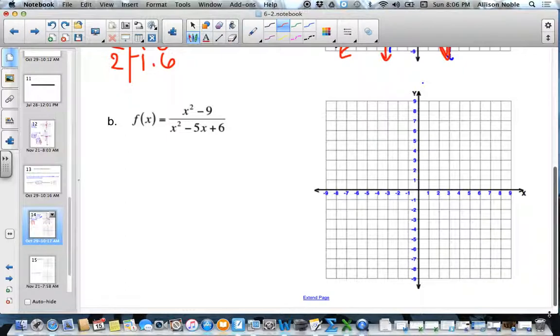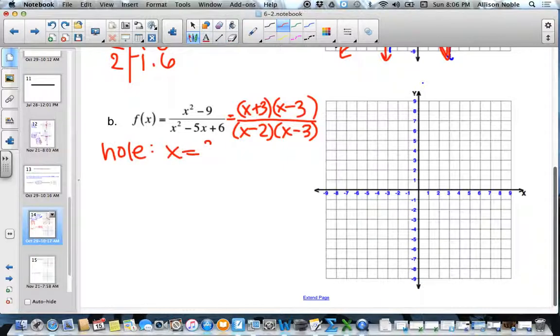So for this one, I would want to factor first. So (x + 3)(x - 3) on top, and (x - 2)(x - 3) in my denominator. With this one, I know that I have a hole at x equals 3, because my x minus 3 cancels. And I know I have a vertical asymptote at x equals 2.